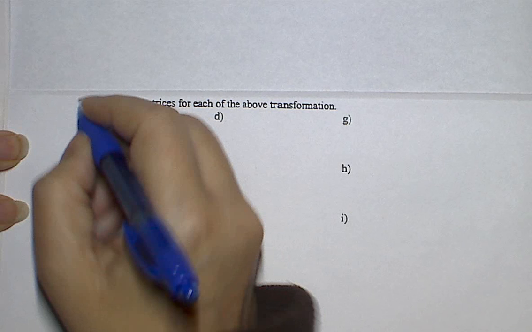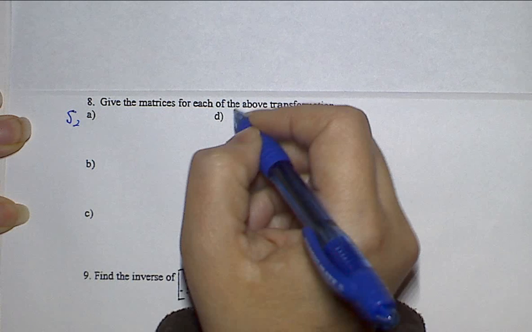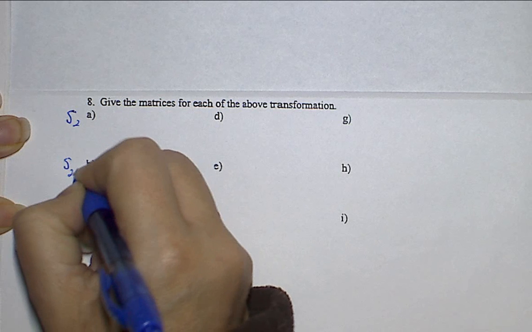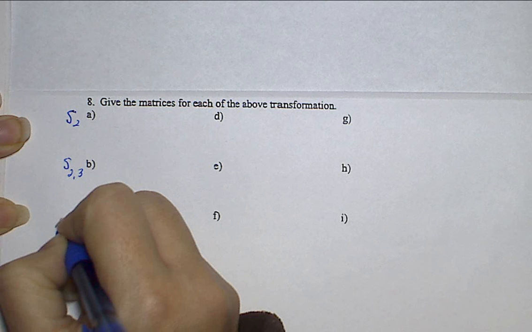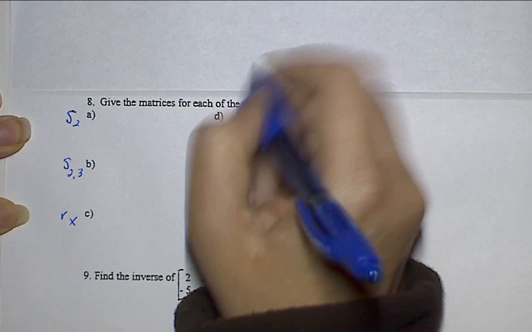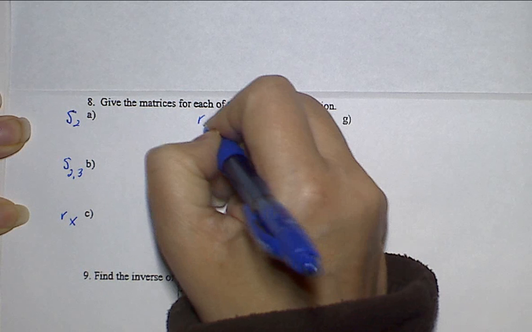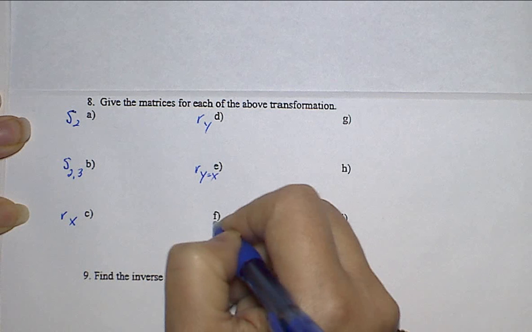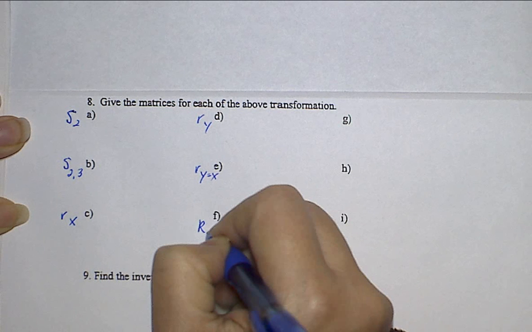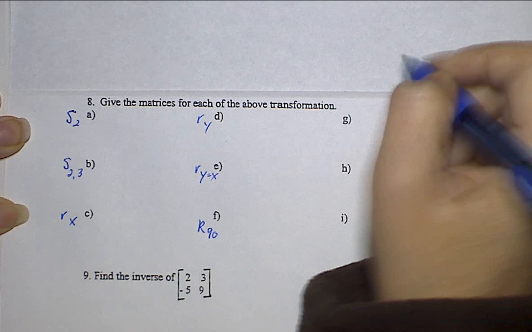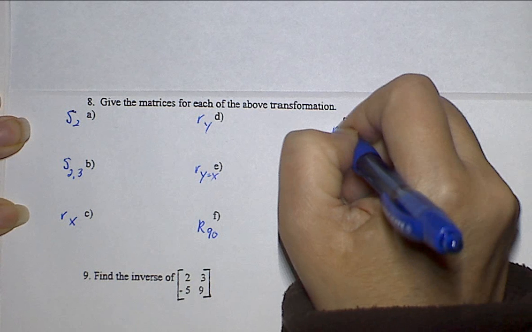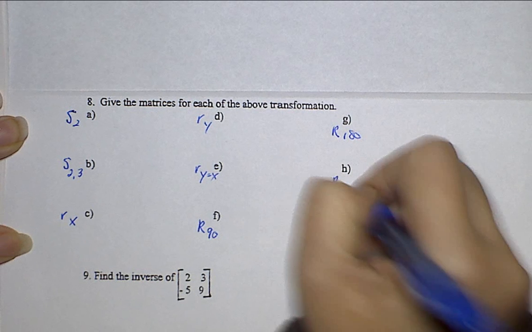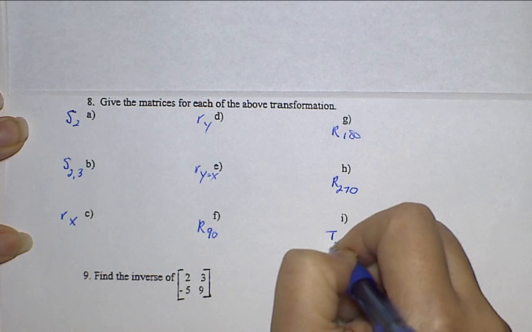So this first one was S sub 2, and then B, which is S sub 2, 3, and then C, which is R of X, and then D was R of Y, reflection of Y, and then E was the reflection of Y equals X line, and then F was the rotation of 90, G is the rotation of 180, H is the rotation of 270, and I is T 2, 3.